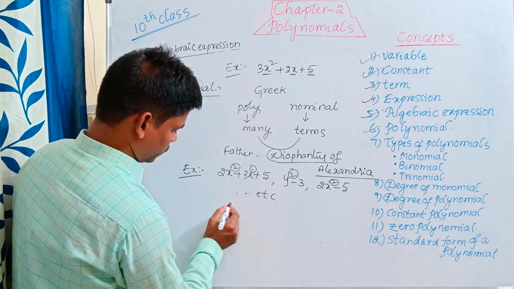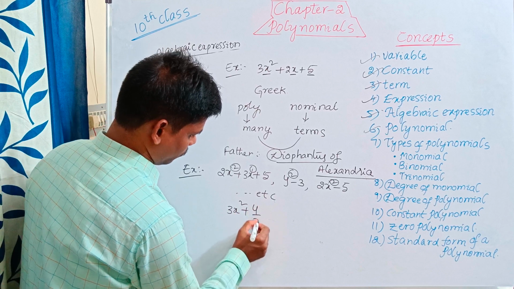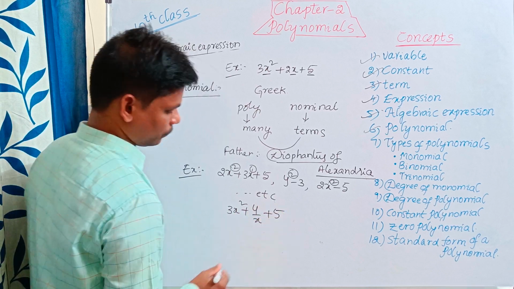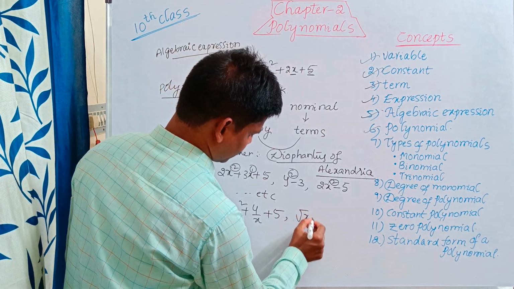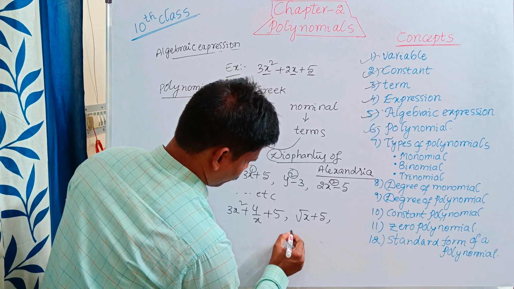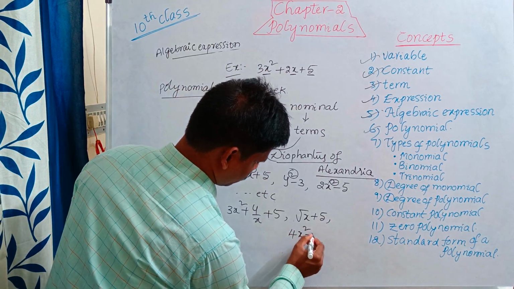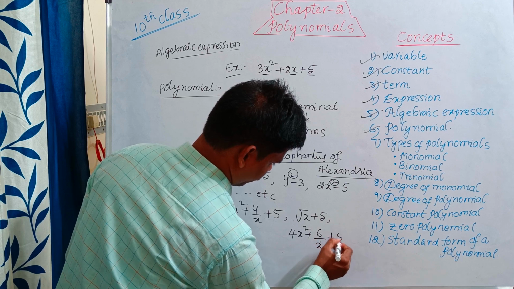See these examples: 3x square plus 4 by x plus 5, root x plus 5, 4x square plus 6 by x plus 5.